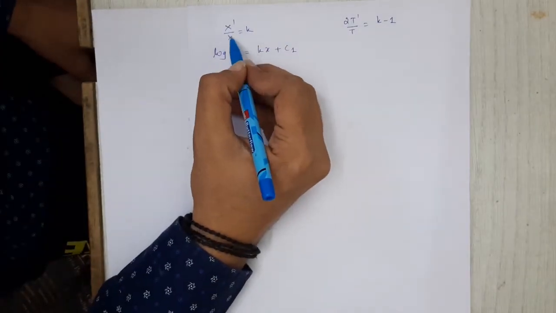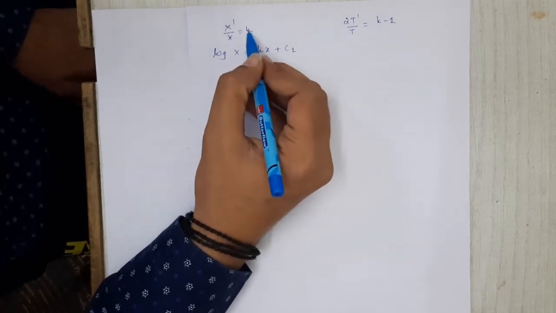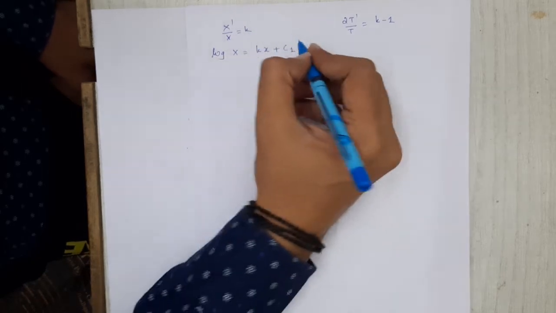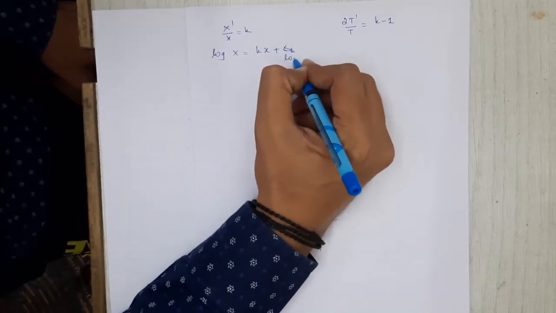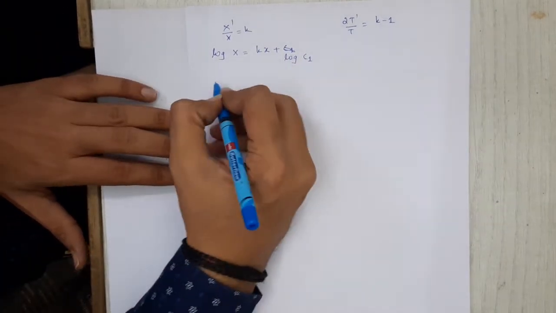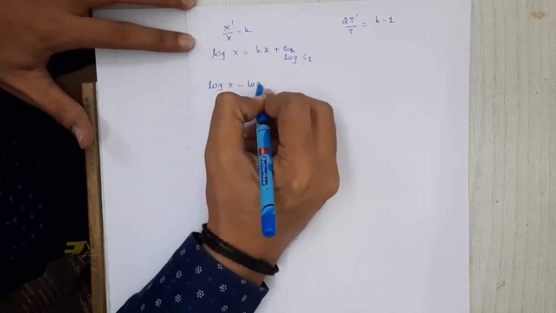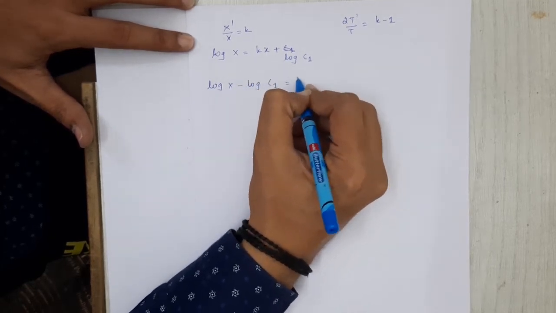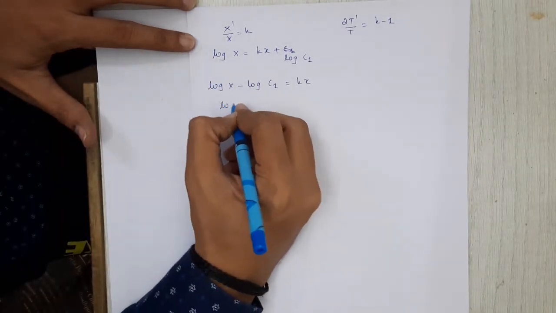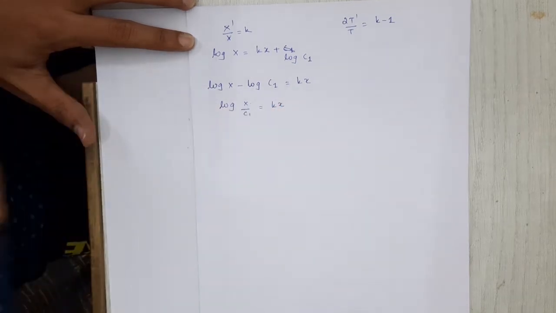Function upon function, the derivative is in the numerator, so the integration is log X, and since k is constant, kx, and let me write log c1 in place of only c1. Now according to the property of log, I can write log X minus log c1 is equal to kx.